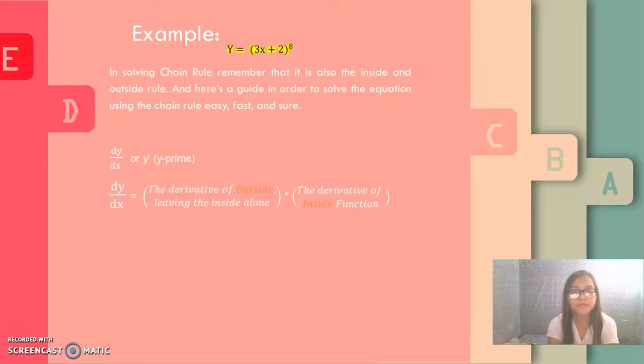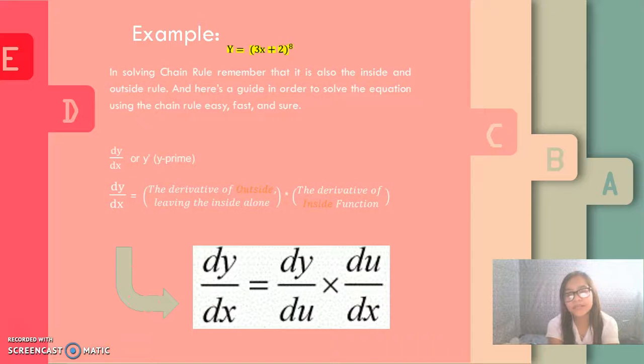Okay, for example, y is equal to (3x plus 2) raised to 8. So in the chain rule, we have a certain form to guide us on how to solve or identify the general function of the equation. For example, dy over dx, or y prime, is equal to the outside function multiplied by the inside function.